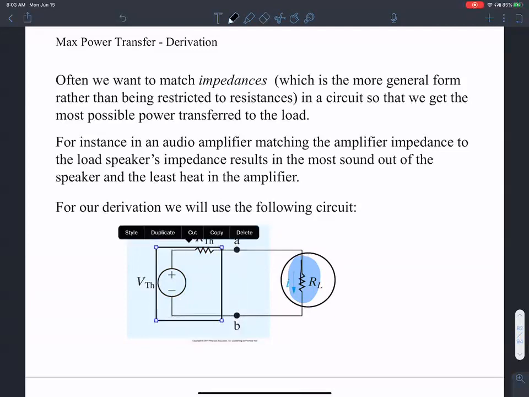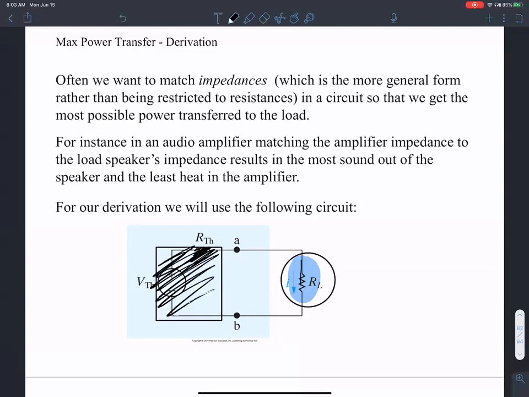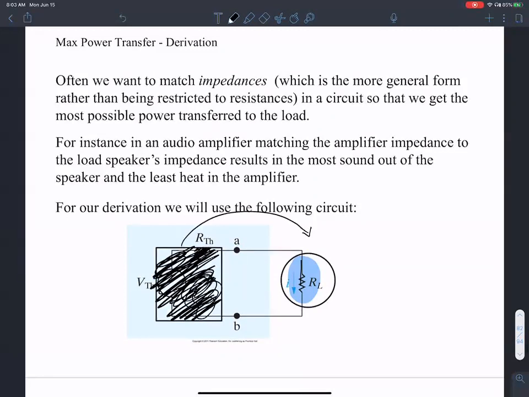Really my aim would be to get the maximum power out of this black box. I really don't know what is inside this black box. My only attempt is to make sure that this guy delivers the maximum amount of power possible.